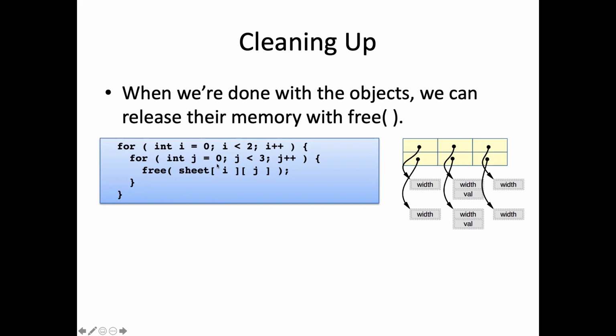We go through every one of the cells. We call free on the pointer to that object. And since each object is contiguous in memory, an instance of the superclass is all in one big block, an instance of the subclass is all in one slightly bigger block. Since those were each allocated with malloc, a call to free will free either an instance of the superclass or an instance of the subclass.